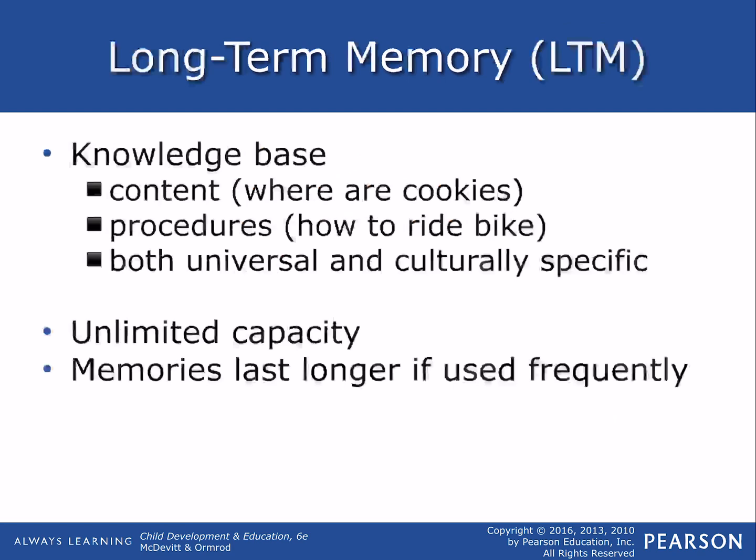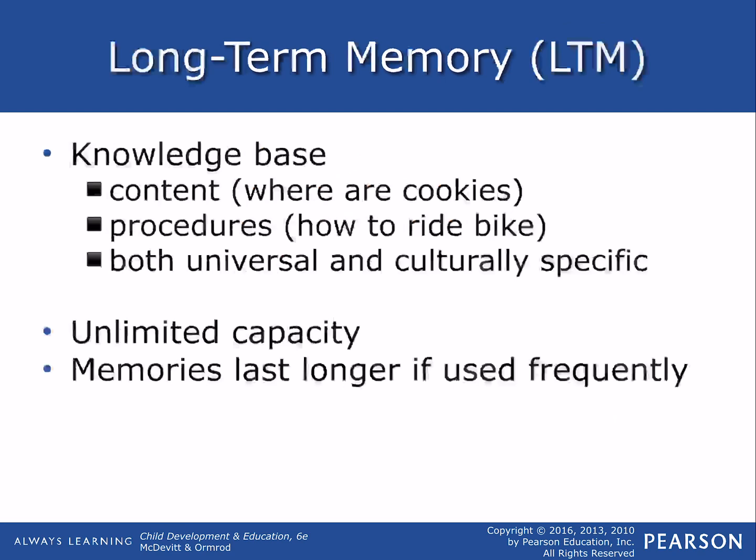Whereas the content of what you know is more like, where are the cookies? It's not just where are things, it's what is a cookie, remembering where they are, remembering which formula. So the formula itself is procedural, but the content is which math formula do I use for this problem? Okay, that's content.